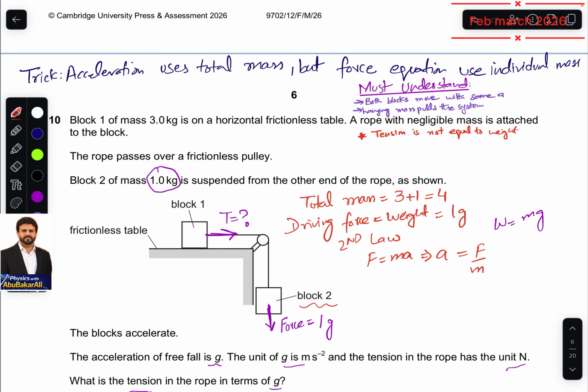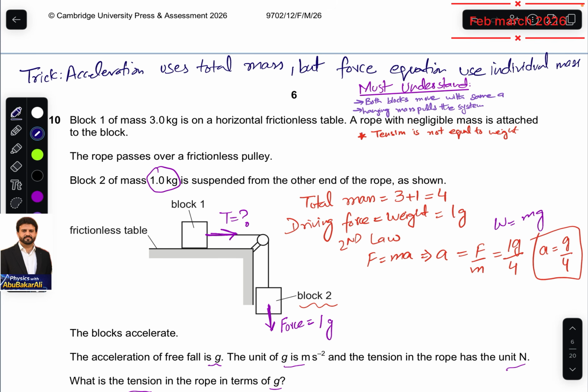This F is the driving force, the force responsible for all of the motion. This is also the resultant force. So you can write 1g, and the mass is 4. So the acceleration a is equal to g over 4. But we need a relation for the tension.